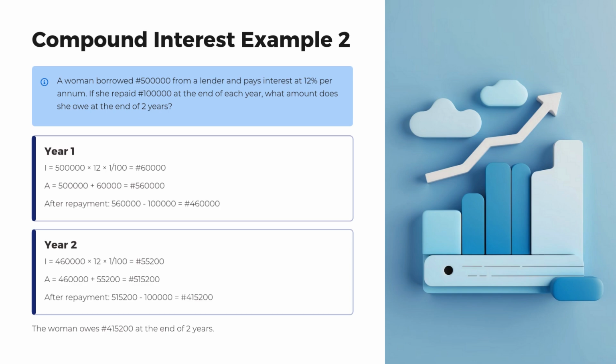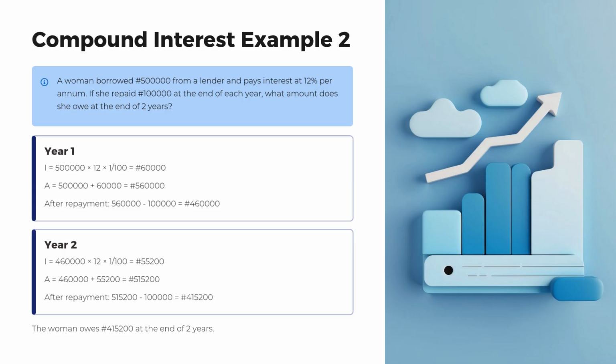Year 2. Step 1. Calculate the interest for the second year on the new principal. Interest equals 460,000 multiplied by 12, multiplied by 1, divided by 100. Interest equals 55,200 naira. Step 2. Add this interest to the new principal. Amount equals 460,000 plus 55,200.